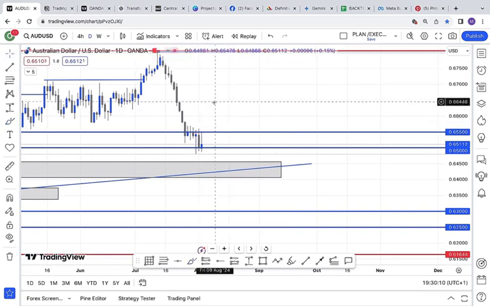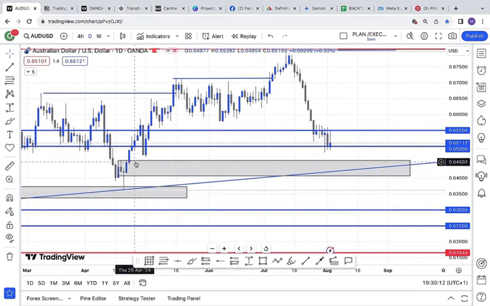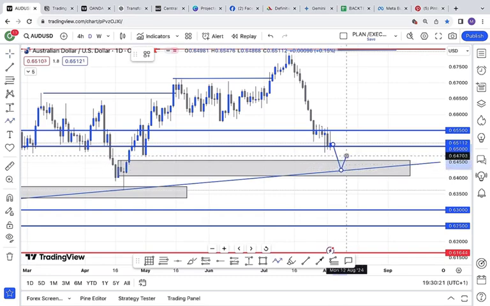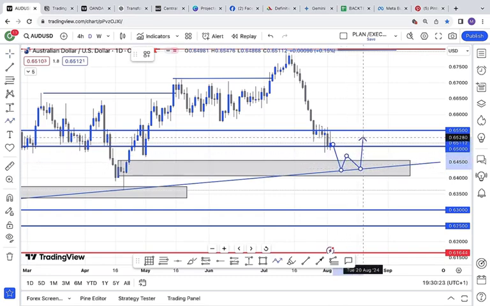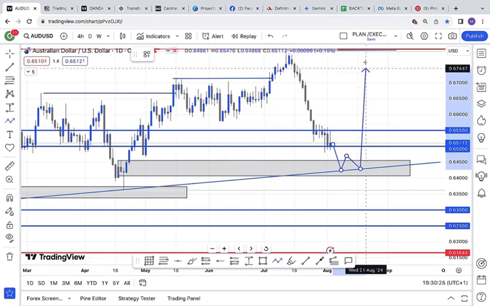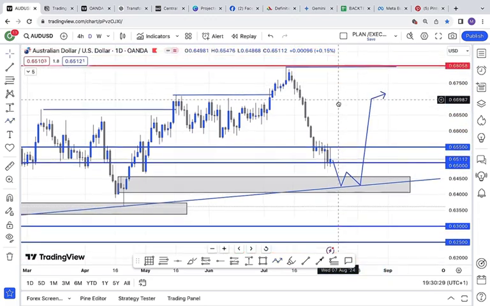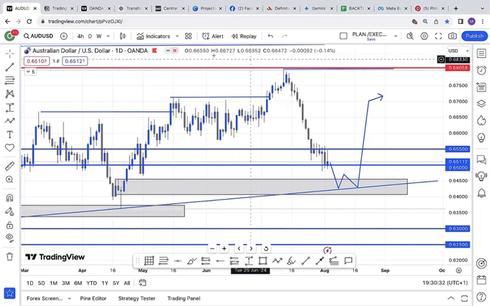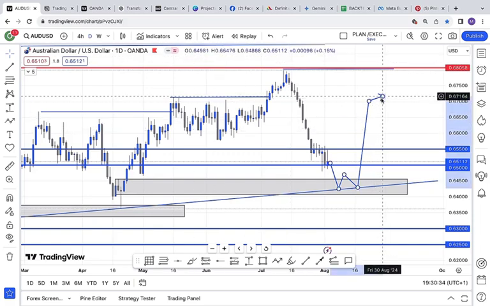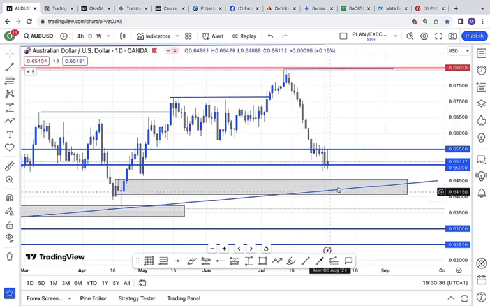So I'm expecting price to pull back a little bit to this daily demand zone, and from here we will start looking at a move to the upside. We start looking at a shift in market structure and to start taking out this high, this buy side liquidity. So I'll be looking for a shift in market structure from this zone.